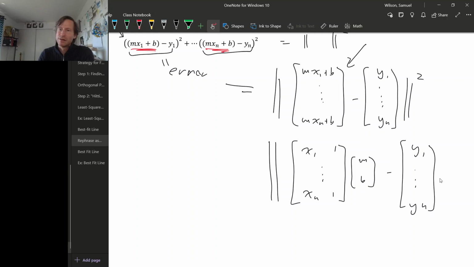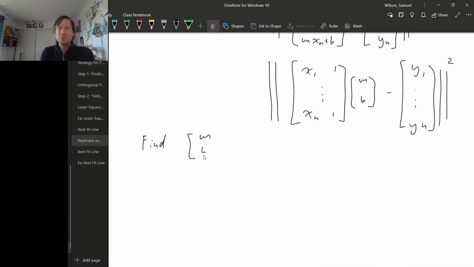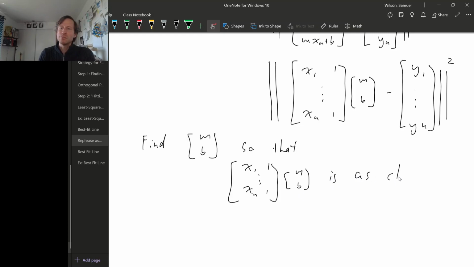Okay, like so. So what we're trying to do is find the vector (m, b) so that this product, the matrix with rows (x1, 1) down to (xn, 1) times (m, b), is as close as possible to (y1 down through yn).